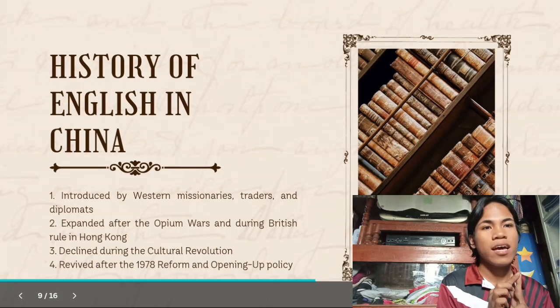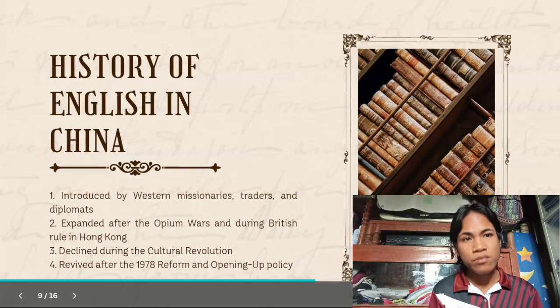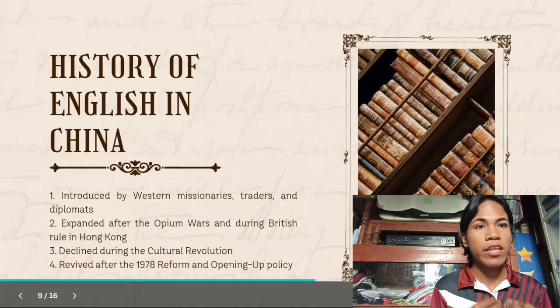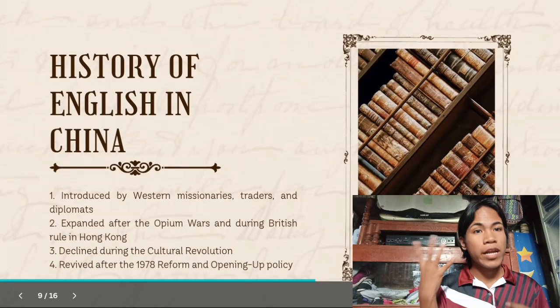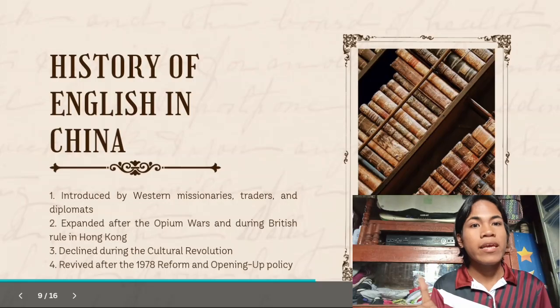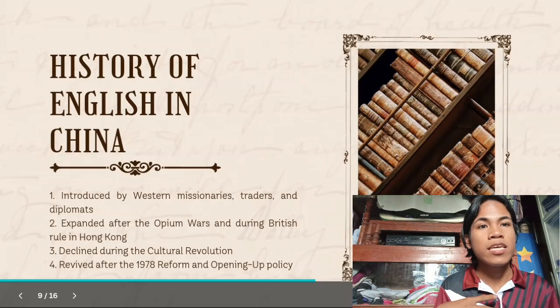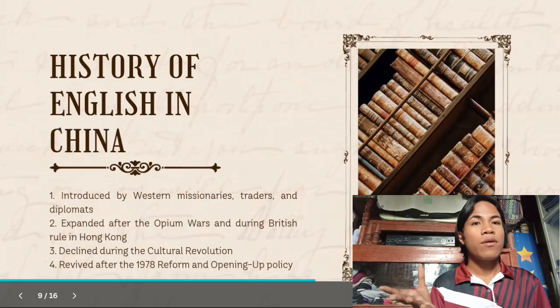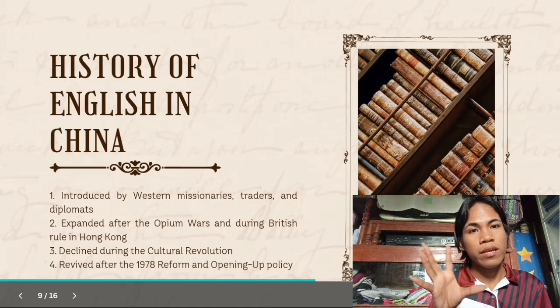So Japan and China were forced to open their ports for foreign exchange or for foreign trade. It is because they were defeated by the Western powers, which are the US and Britain, in the wars that happened during their time.